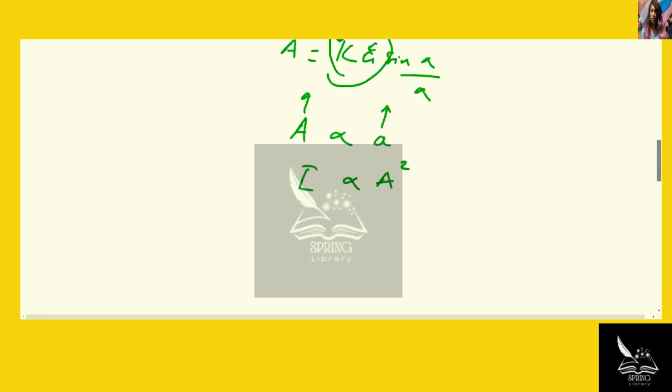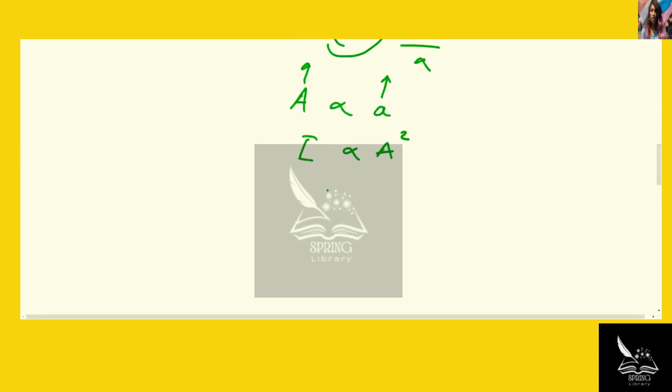So you can see that our initial amplitude is a factor K times the width of the slit. The amplitude is proportional to the width, so if you increase the width, you're going to increase the amplitude. And the intensity is proportional to the amplitude squared. Those are relationships that are helpful in solving this problem.